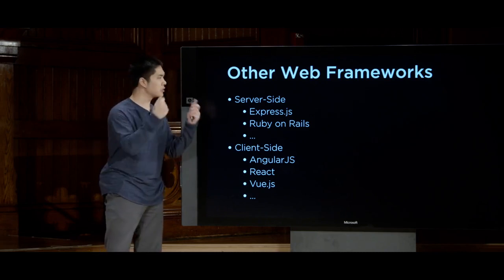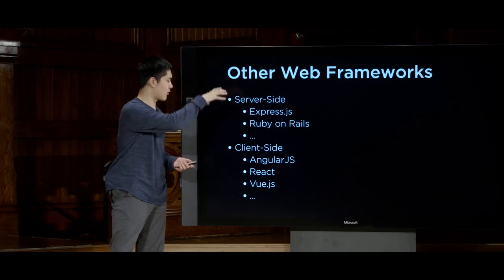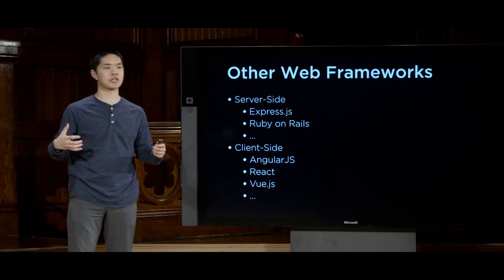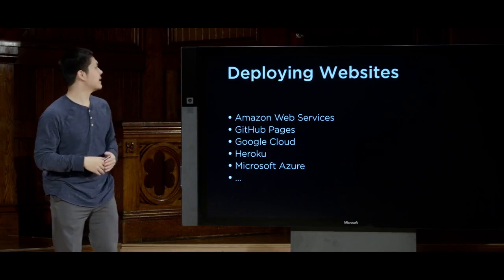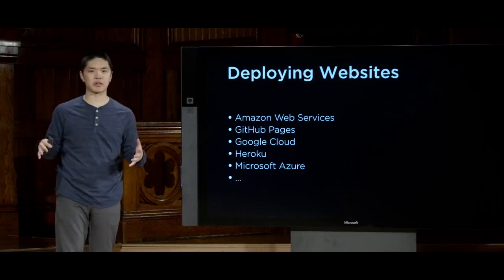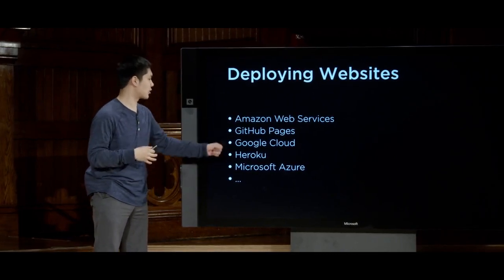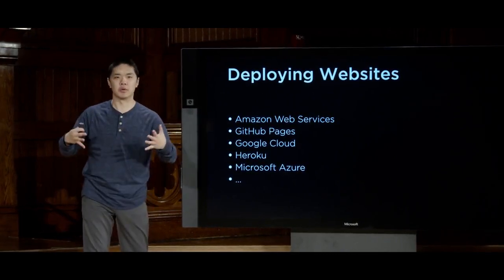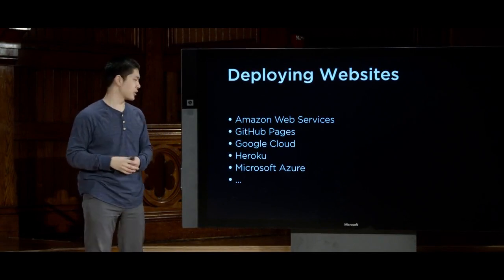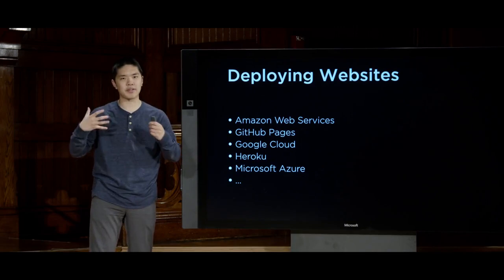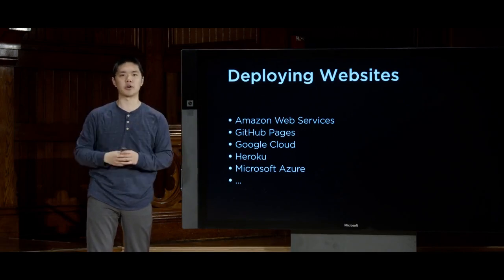And then once you've built these web applications using any of these server-side frameworks and client-side frameworks, you might imagine wanting to take these applications and deploy them to the web. To do that, there are a number of ways we can do this as well. A number of different services, including Amazon Web Services, AWS, Google Cloud, and Microsoft Azure, can be used in order to deploy these web applications. Heroku is a service that uses AWS and tries to simplify the process of making it easier to deploy your web applications.